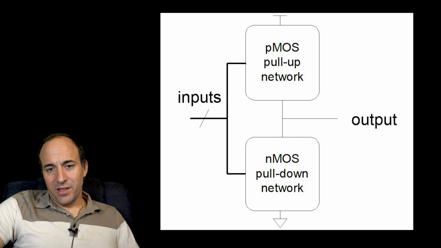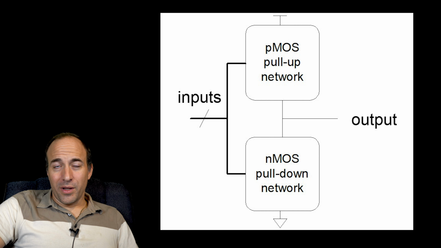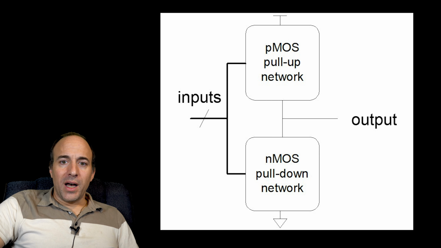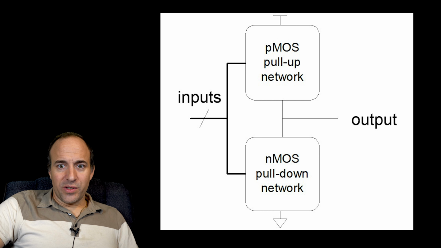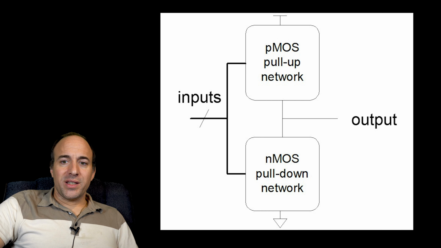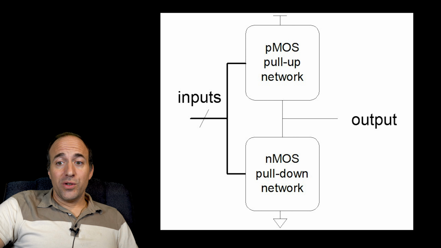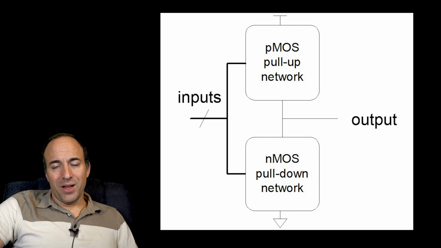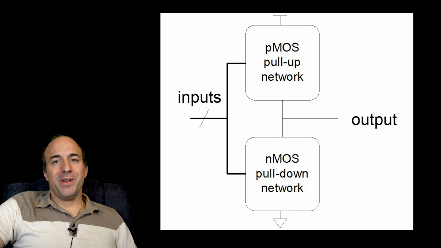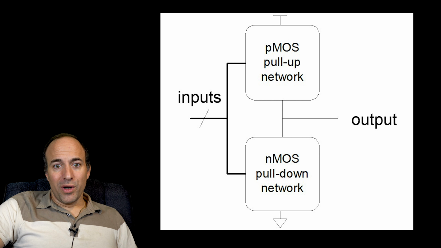It might be connected indirectly through another transistor in series. But the drain side is the VDD side. And the source side, which is the other terminal, is connected directly or indirectly to the logic gate's output. And again, when I say indirectly, I mean it may be connected through another transistor in series.